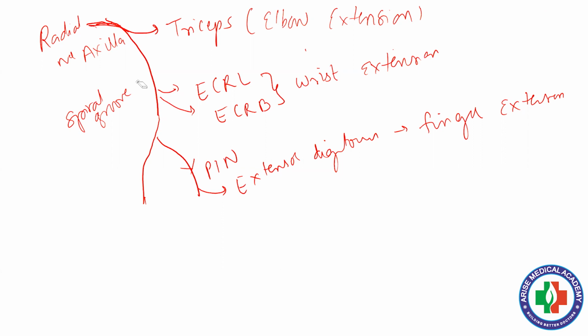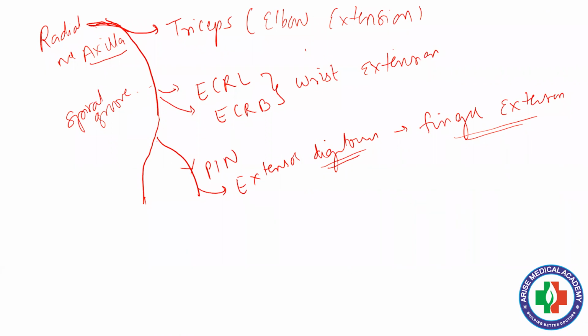The radial nerve supplies the triceps. It also supplies all extensors, no exception. All extensor muscles of the upper limb are supplied by the radial nerve. But the level at which it supplies is important to differentiate. Triceps is supplied when it is in the axilla. Near the spiral groove, the extensor carpi radialis longus and brevis, which are responsible for wrist extension, are supplied. Extensor digitorum, which is responsible for finger extension, is supplied when it is in the forearm.